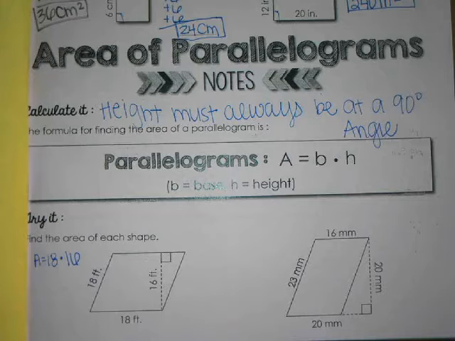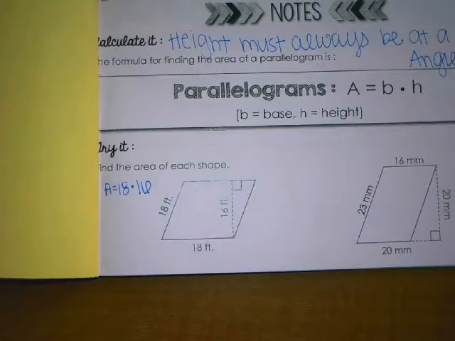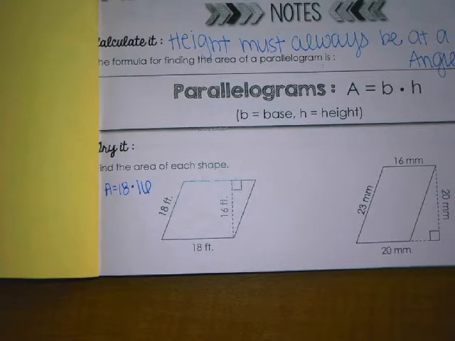Always, always, always. Doesn't matter the shape. If it is talking about height, it must always be at a 90-degree angle. So now this is where you guys can use your calculator, because I'm sure most of you don't know 18 times 16 off the top of your head. I know I don't. And don't forget to label it properly. And what do we get?